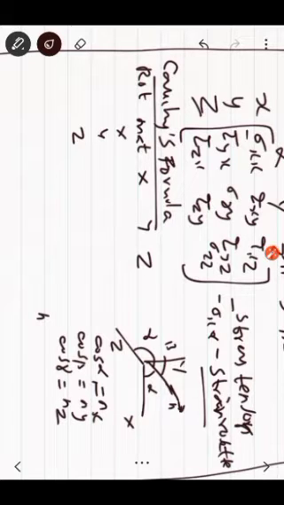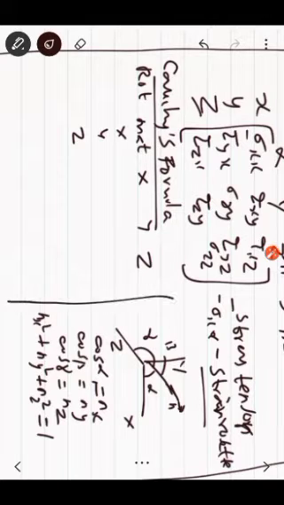And cos square alpha plus cos square beta plus cos square gamma, that is nx square plus ny square plus nz square, equals 1. So this must always be satisfied. This is how we represent nx, ny and nz.